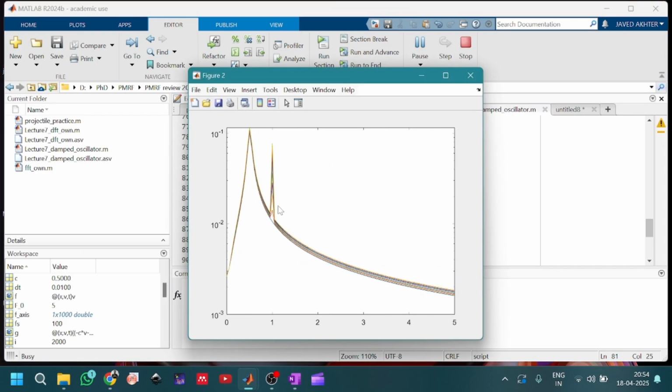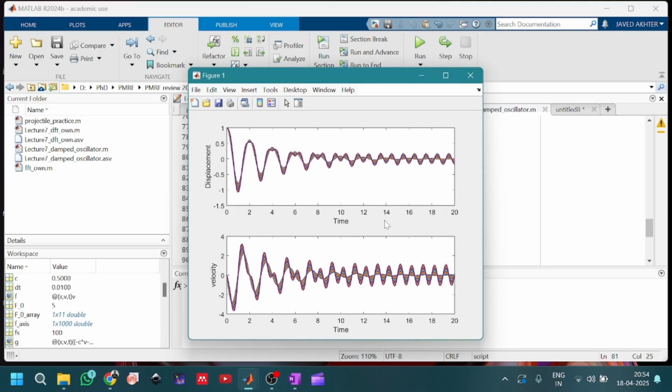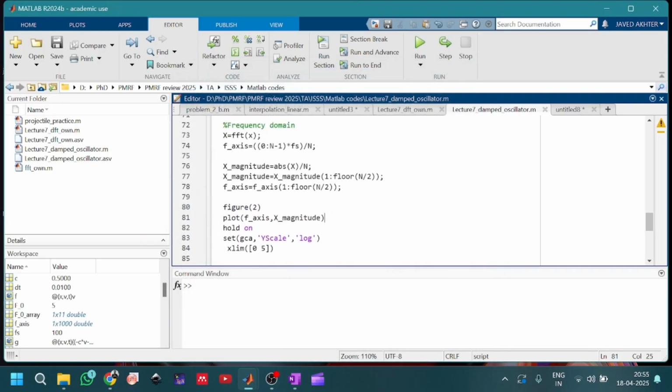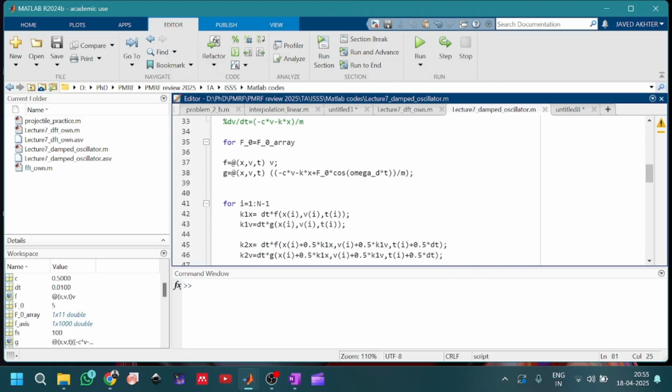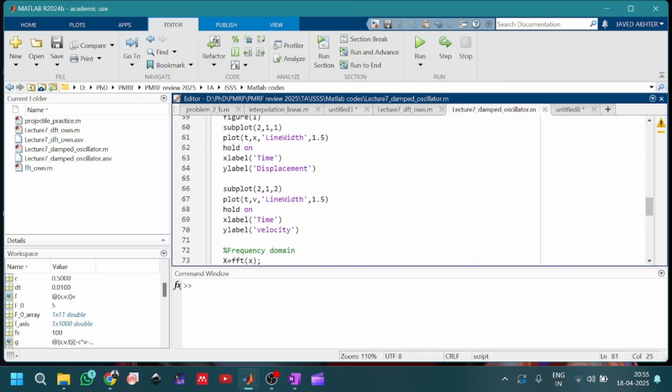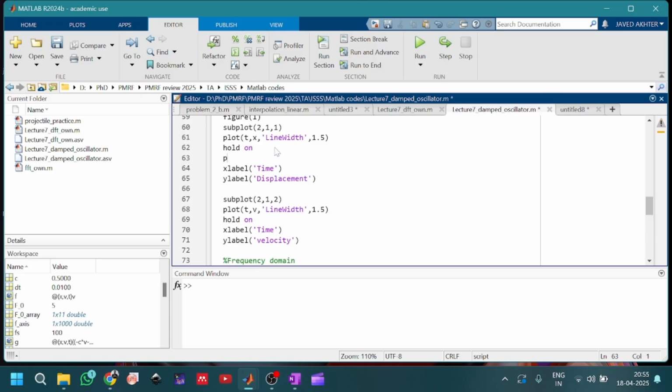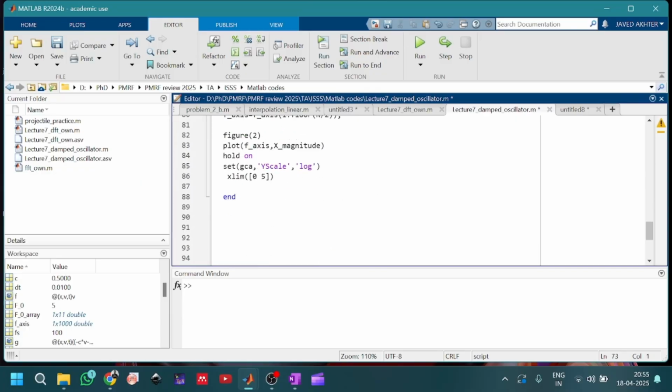You can see that with increasing, so let me pause in each of these so that you can understand. So hold on, then maybe pause for 1 second, then pause here for 1 second also, and pause here for 1 second, run it.